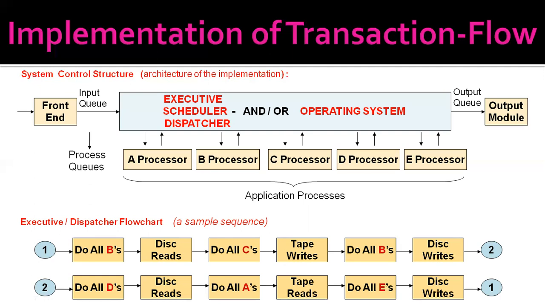The scheduler is going to pick any one of the transactions from the queue and assign it to any processor that is free. Suppose no processor is free, then the transactions are going to wait until one of the processors becomes free. When one is free, the scheduler assigns the transaction to the processor that became free.